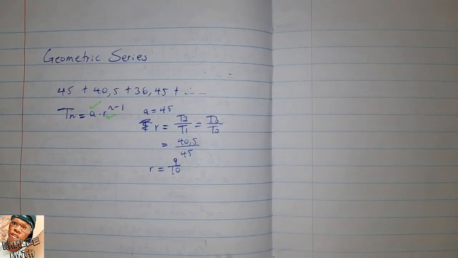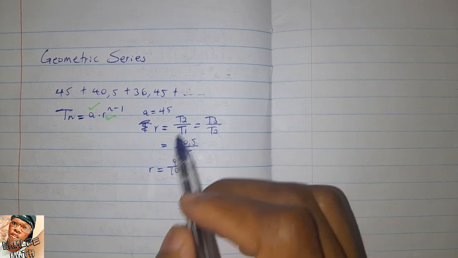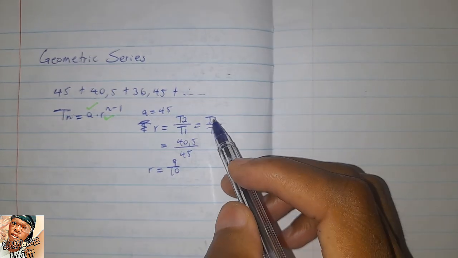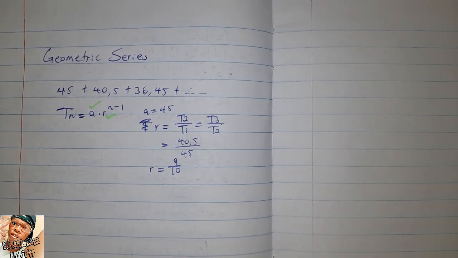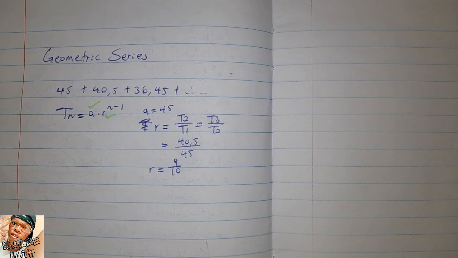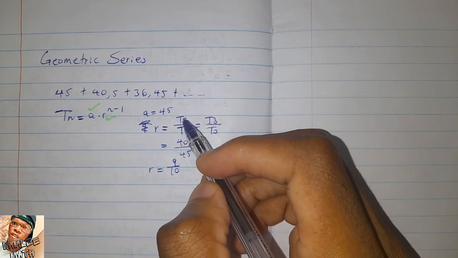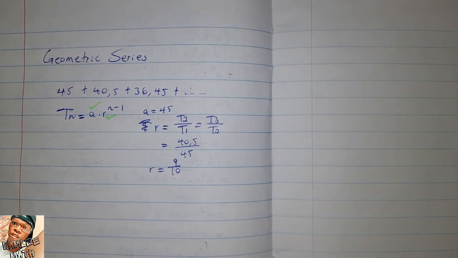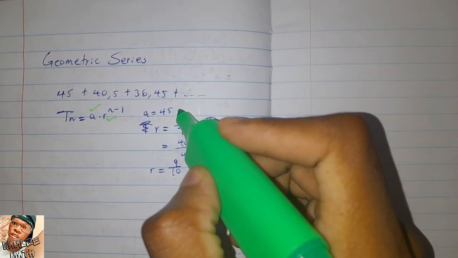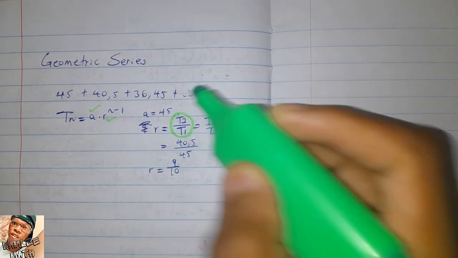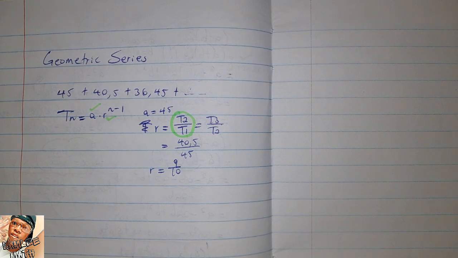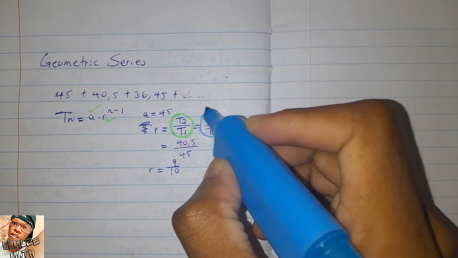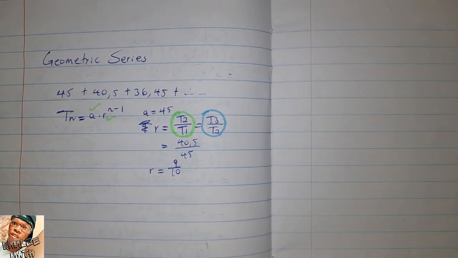But I've said that R is equal to T2 over T1, which is also equal to T3 divided by T2. I just want to show you, if a question asks you to prove that T2 divided by T1 is indeed equal to T3 divided by T2, what you have to do is substitute and check.